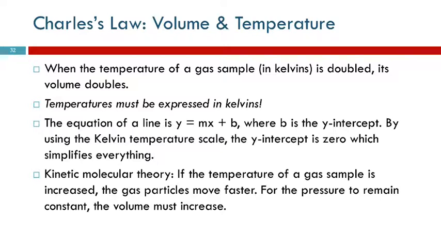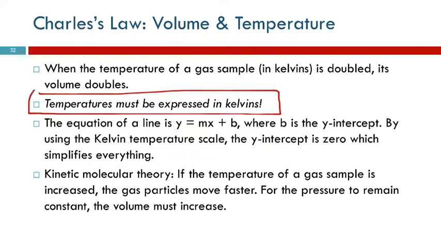If you look at the temperature in Celsius and double it, the same thing does not happen because of the relationship between Celsius and Kelvin. It's just an offset. Okay? So whether you understand that or not, temperatures must be expressed in kelvins. That's probably the most common mistake students make, is they forget to convert to kelvins. In all these gas problems, we have to use kelvins. There's just no way around it.